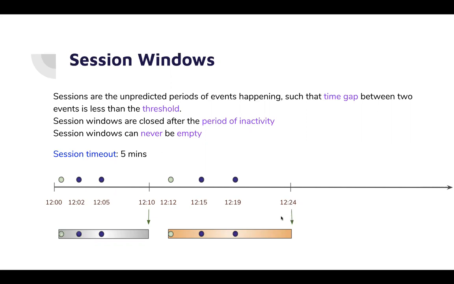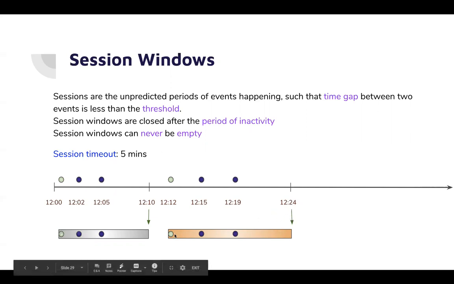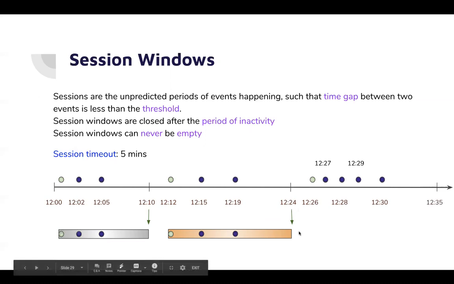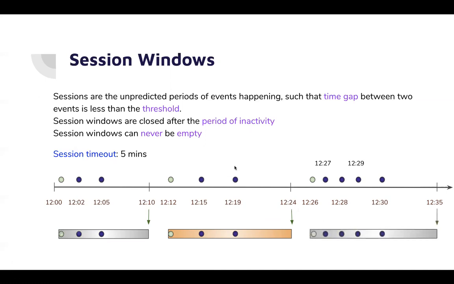We start our window processing and we take all the events which were produced in that session. Such kinds of windows are called session windows. You never know when it is going to close. You know how to close it, but how long it's going to stretch, we are not sure. So again, this is another type of window which is a little more complex than the previous types.